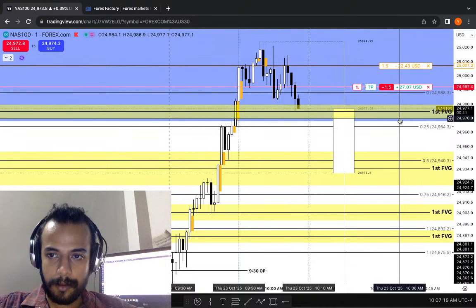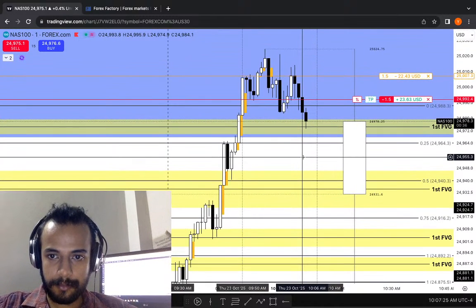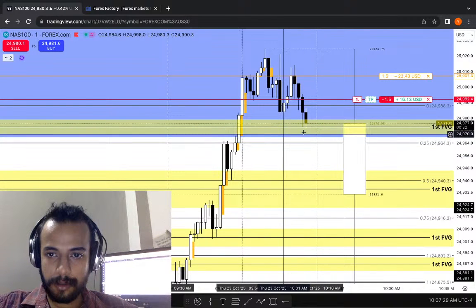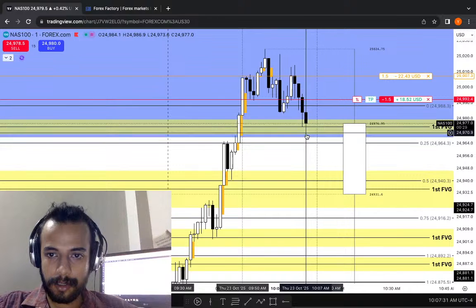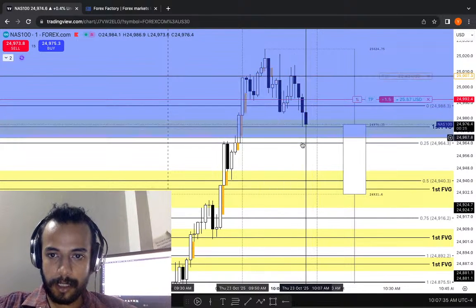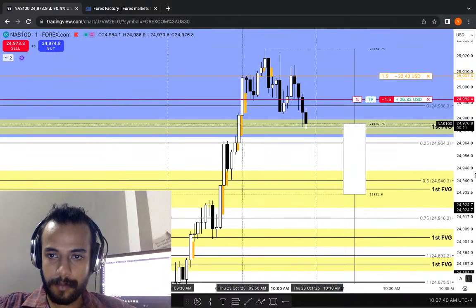That is what my expectations are. As I told you, it should just give up all this support and start to trade below this blue shaded area.